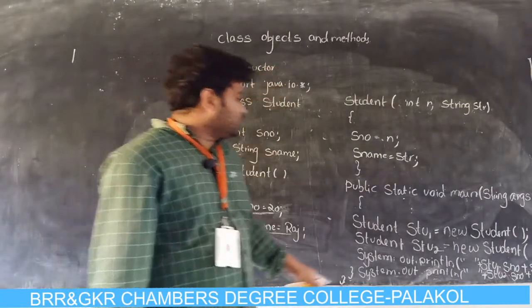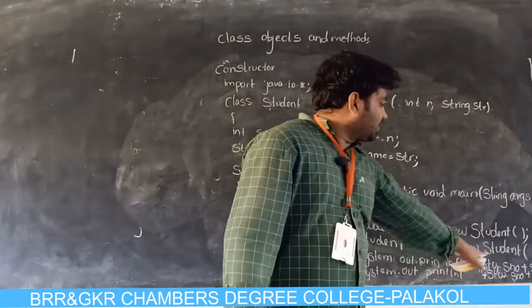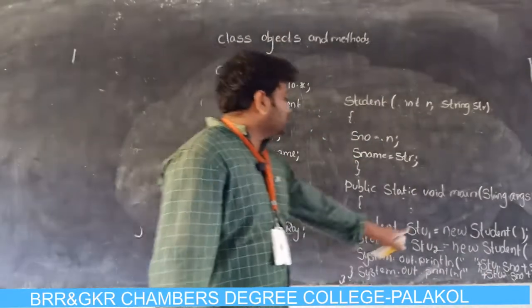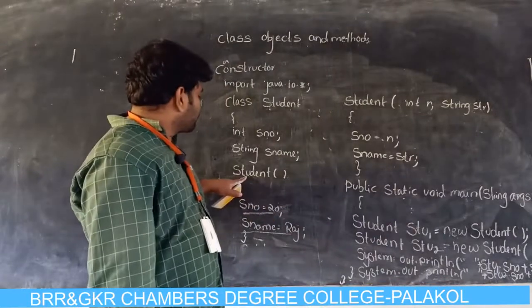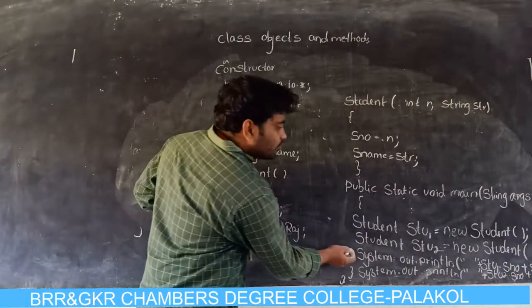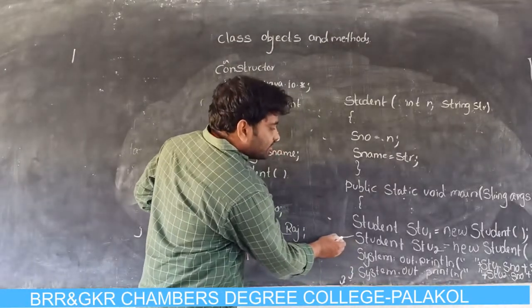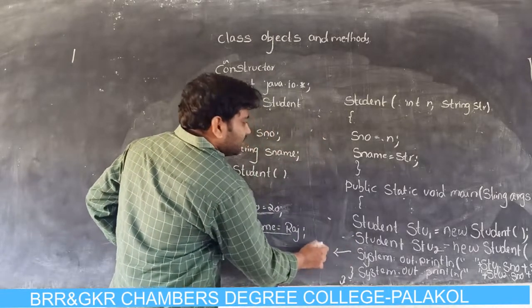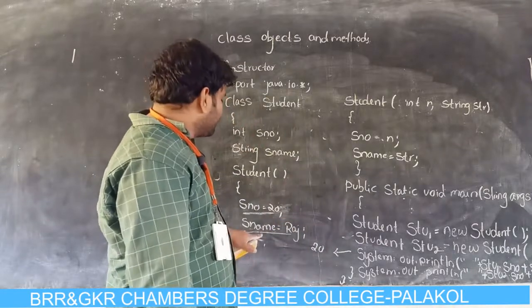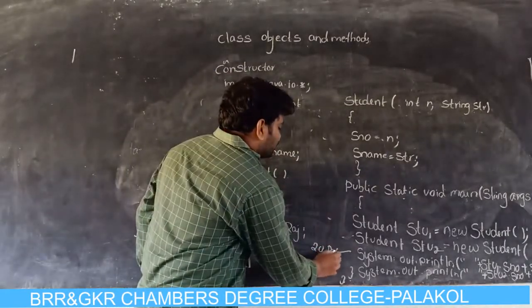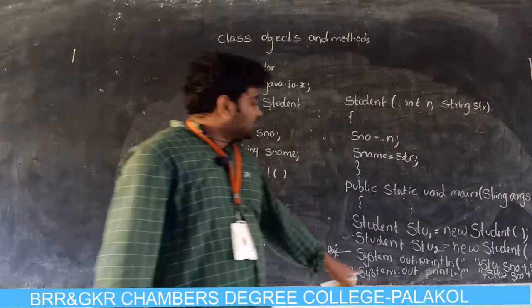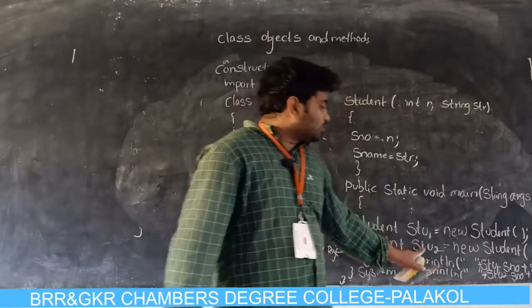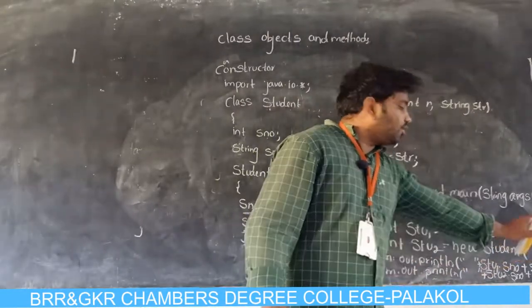The first one, System.out.println stu1, without arguments: s number is equal to 20, stu1 dot s name is equal to Raju. That is the output. Next, System.out.println stu2, Student 20 comma Shiva.